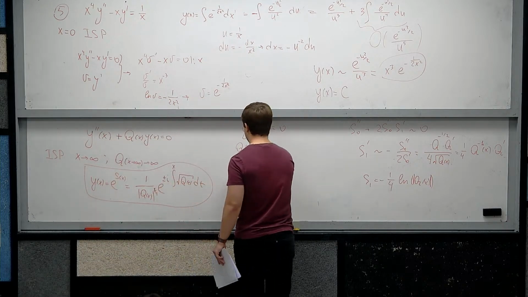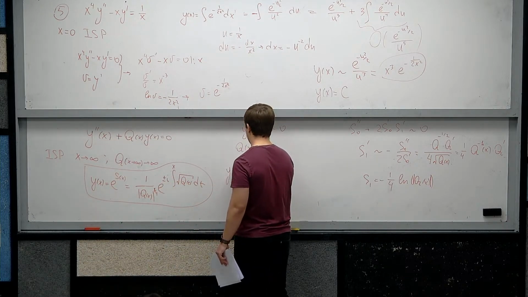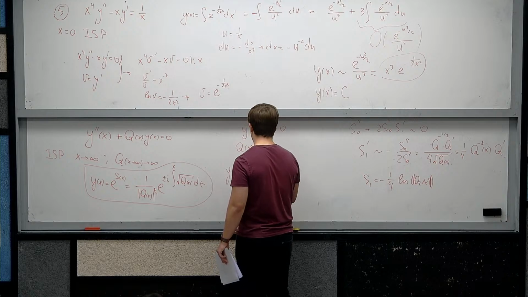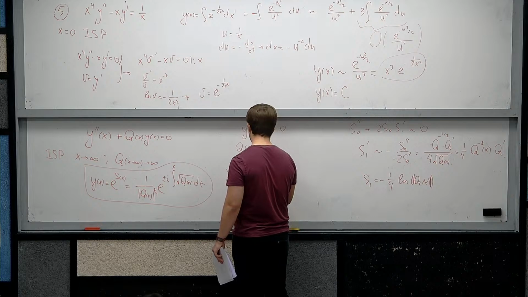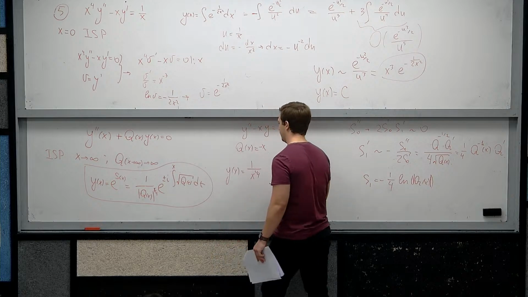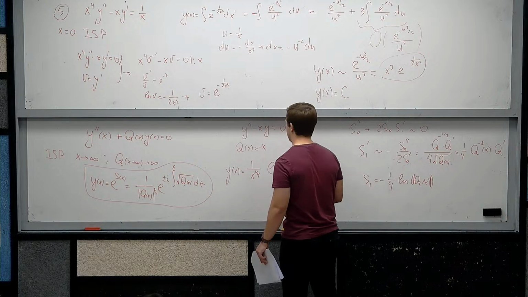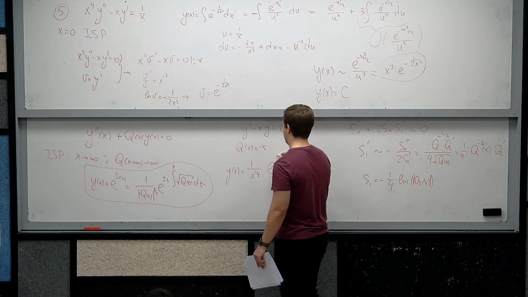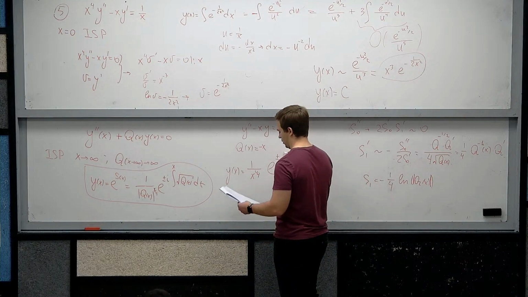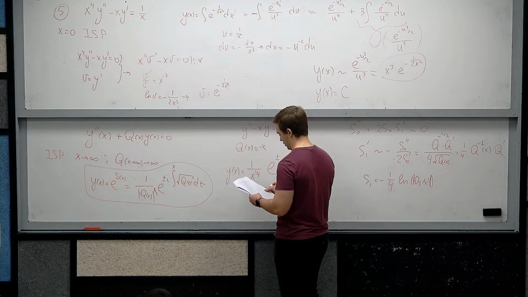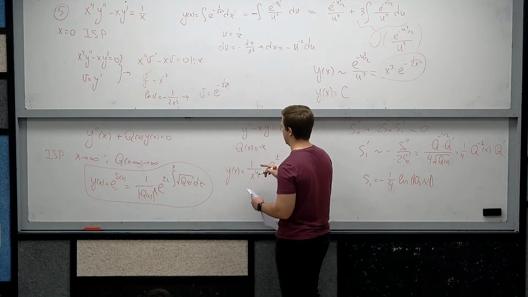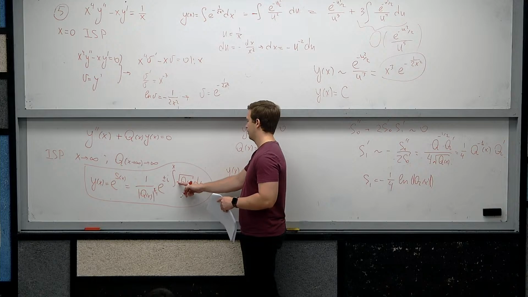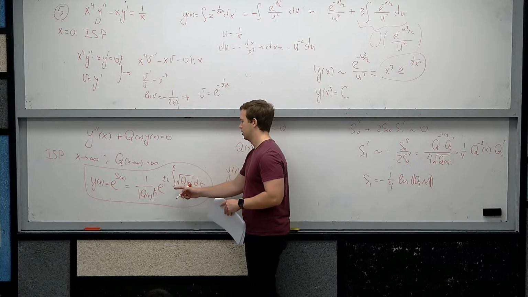So then the solution will look like this. So it's x to the 1/4, e to the plus minus, and then, yeah, because here is minus x, right?